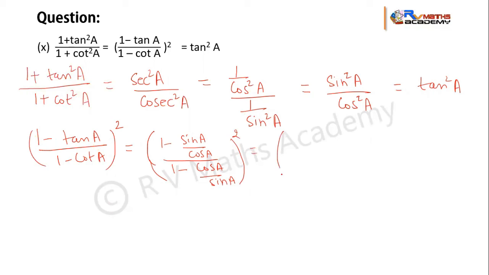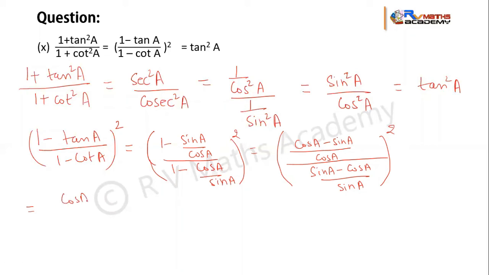If you take the LCM, you will get cos A minus sine A upon cos A, and again taking the LCM, sine A minus cos A upon sine A, whole square. Now you can write it as cos A minus sine A whole square upon cos square A.